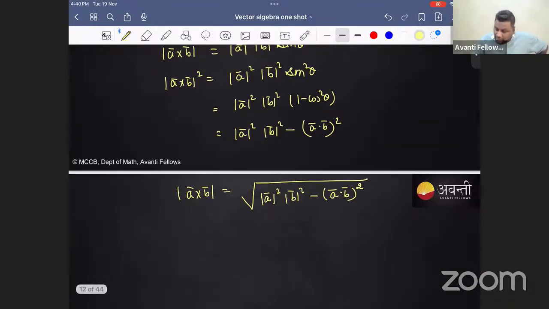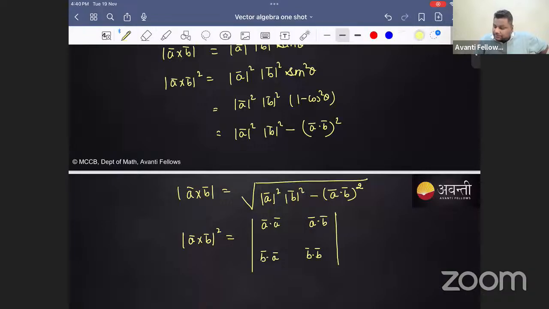This A cross B whole square can also be written as (A dot A)(B dot B) minus (A dot B)(B dot A). Got it? So very simple thing it is.